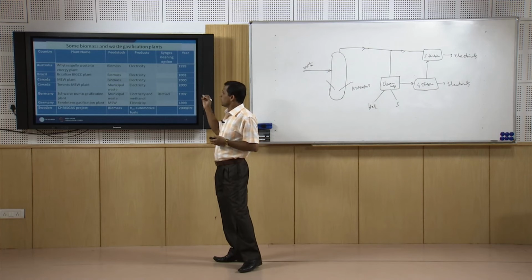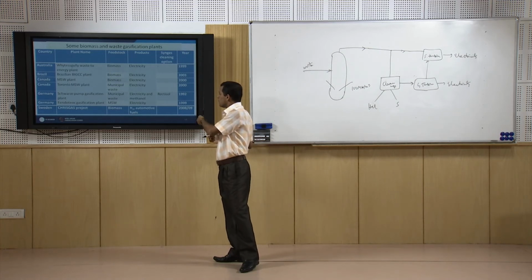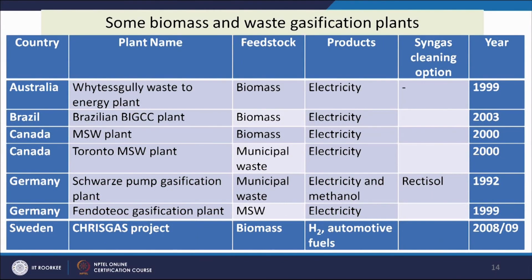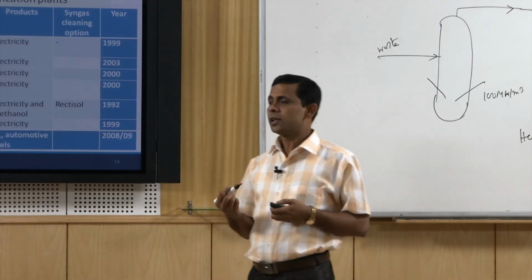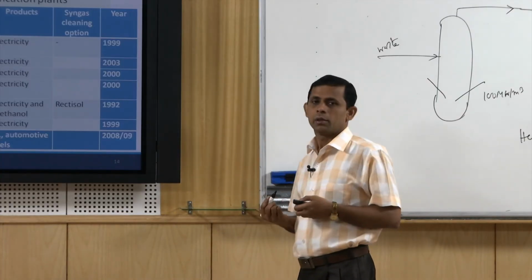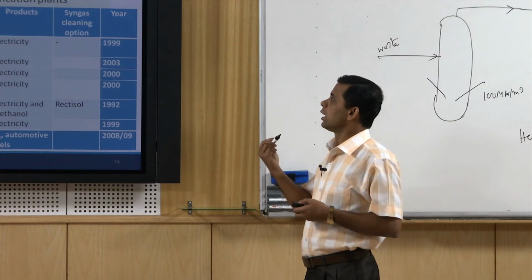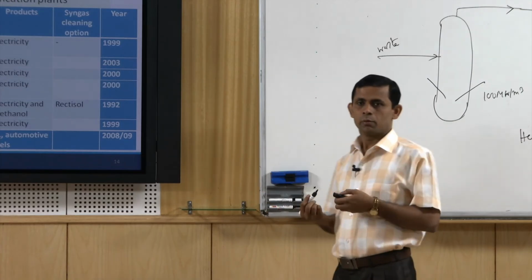That is why we are not getting any other applications except one or two. But recently the development is going on, how to improve the economy of the process by using compact reactors, and in that case the biomass and waste gasifications will be more suitable.